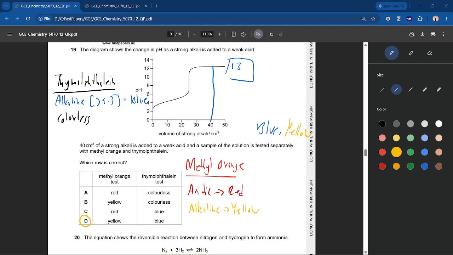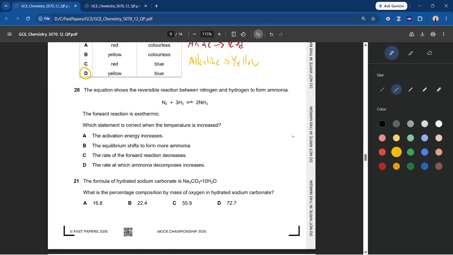All right, let's move on to the next question. The equation shows the reversible reaction between nitrogen and hydrogen to form ammonia, N2 plus 3H2 gives you ammonia. The forward reaction, so that means this reaction is exothermic. Which statement is correct? When the temperature increases, the activation energy increases? No. The equilibrium shifts to form more ammonia? No, equilibrium shifts backwards.